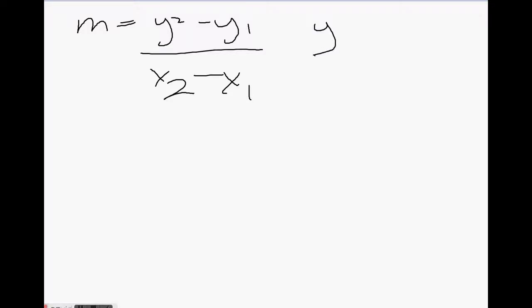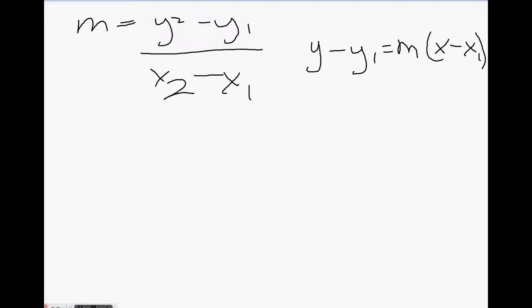And then we need this formula: y minus y1 equals m times x minus x1. Hold on, let me write it correctly. Alright, here we go.